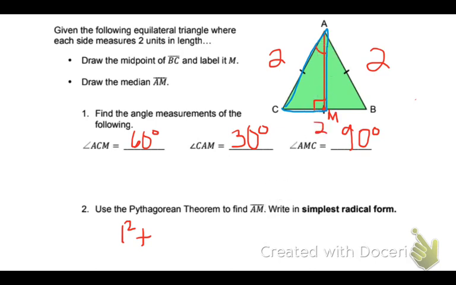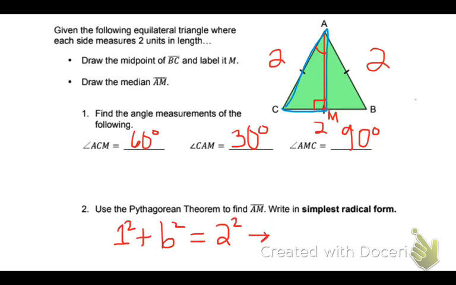So we can just put plus b squared, because a squared plus b squared. That was 1. Kind of looks like an L. And then our hypotenuse, in this case, was one of the sides of our equilateral triangle, so we know that it's 2, because it was told to us at the beginning. So we have 1 squared plus b squared equals 2 squared.